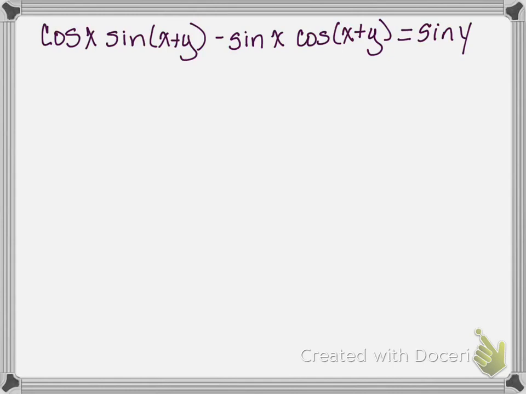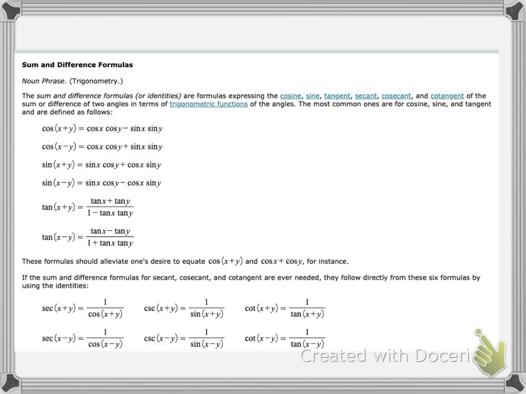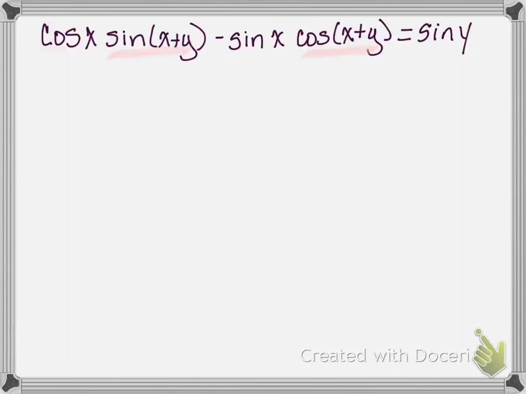Okay, so here we've got sine of x plus y, and we've got cosine of x plus y. So we are going to take each one of those identities and we're going to sub them back. So here is sine of x plus y, and here is cosine of x plus y. Okay, so we are going to put that in. So I am going to start out in purple, and I want to show you in red what I'm substituting in.